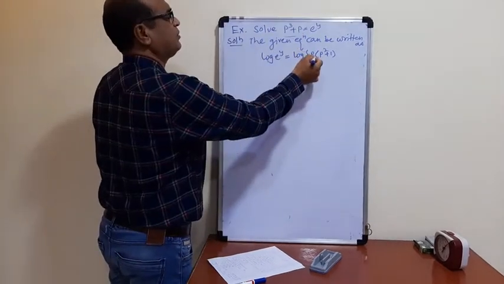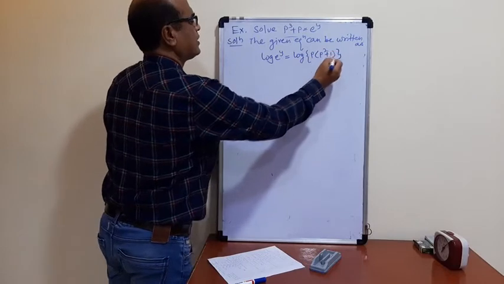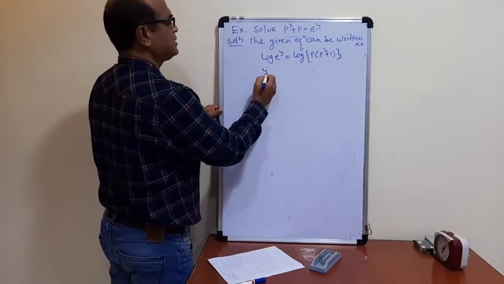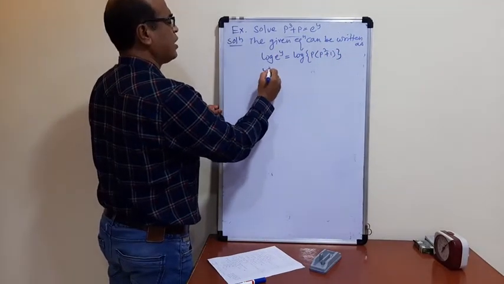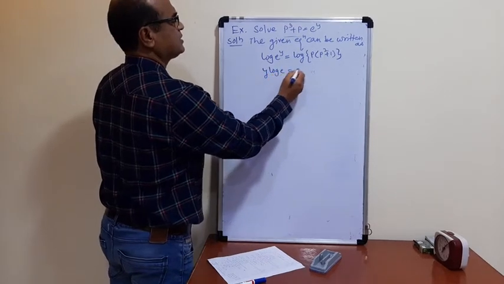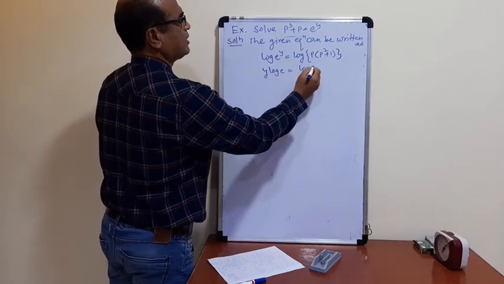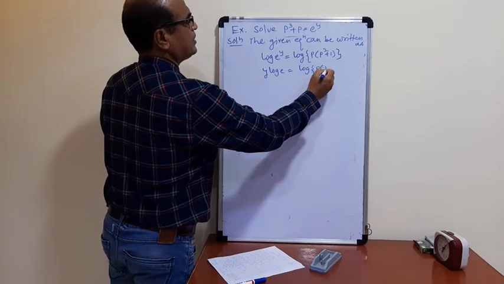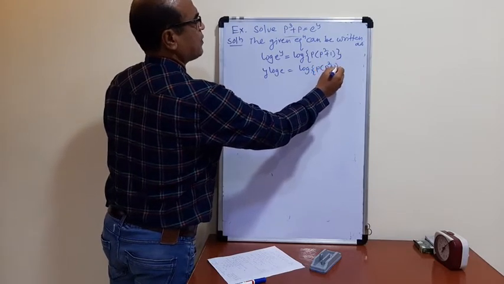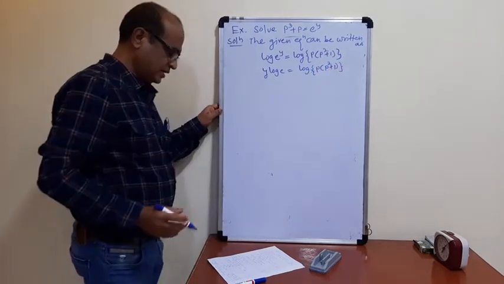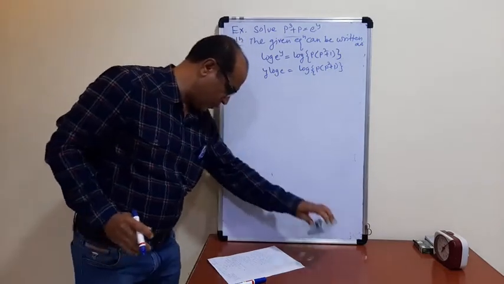So y is equal to y into log e, which is log of p square plus 1. Okay. So what is log e? Log e is 1 here.